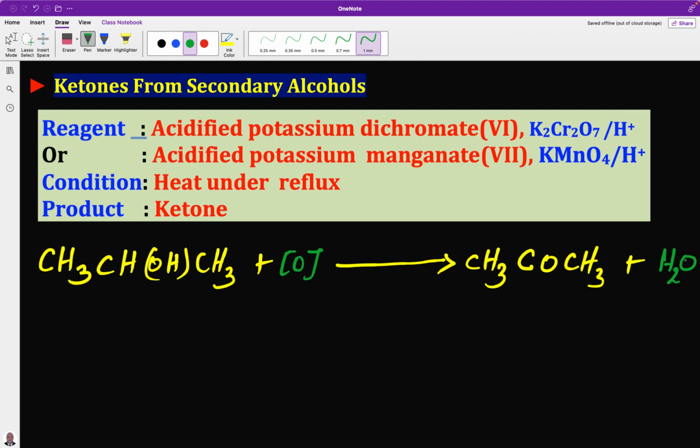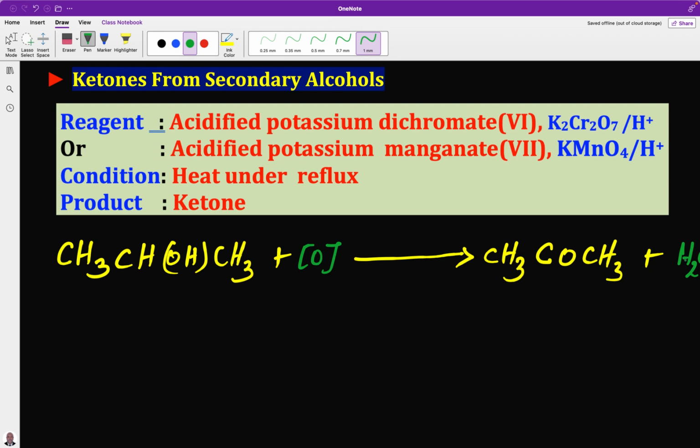Now I can go further to show how the bonding, how the oxidation is taking place.